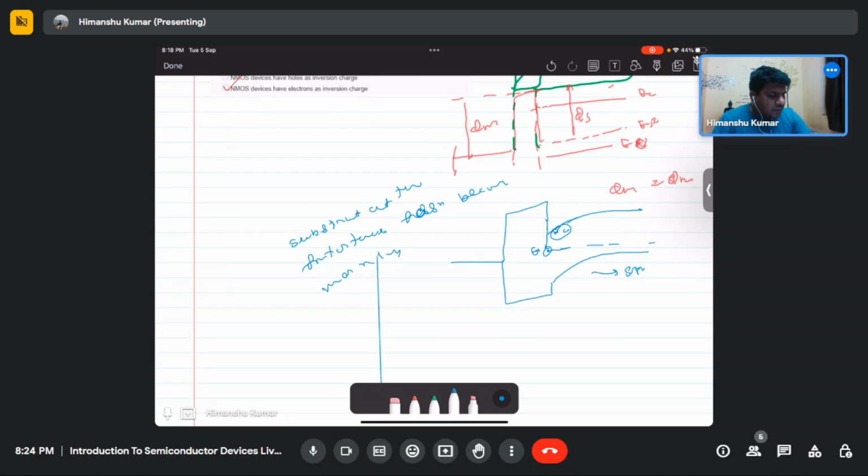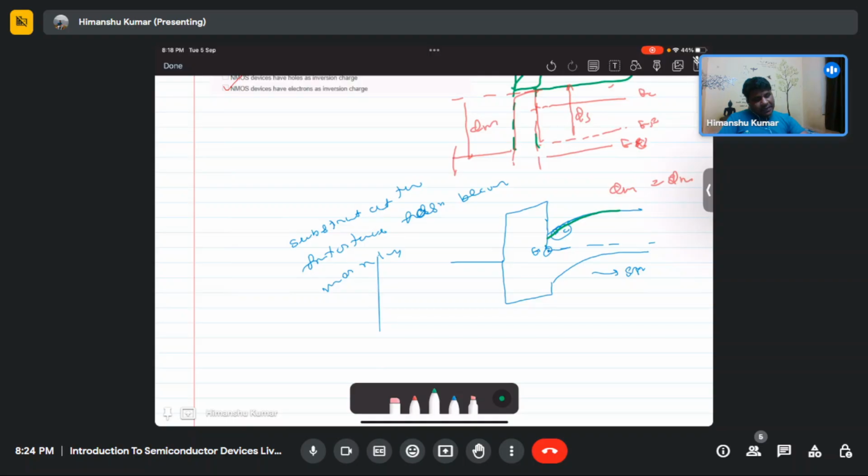Since this has become N type, the inversion layer is formed when it is N type. As it becomes more N type, if you apply more positive bias, the bands will start coming down further.